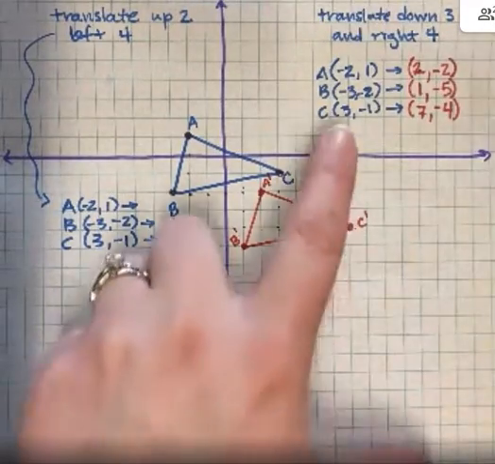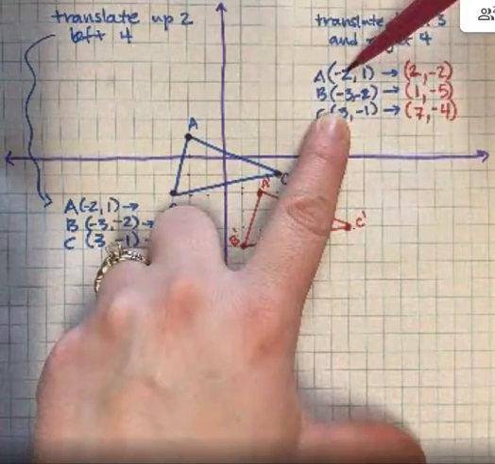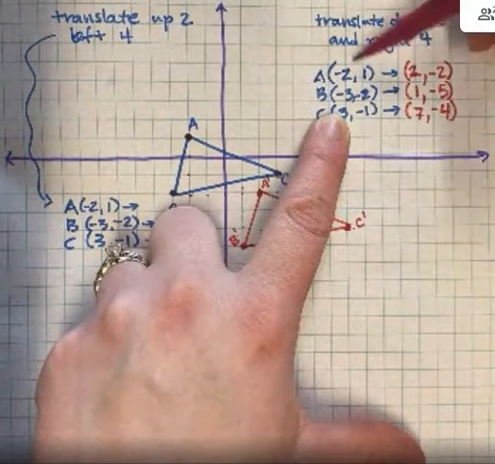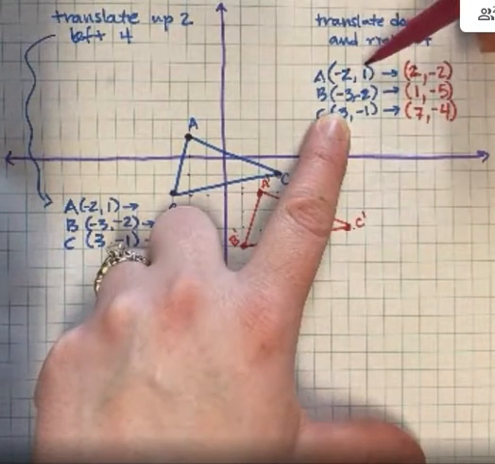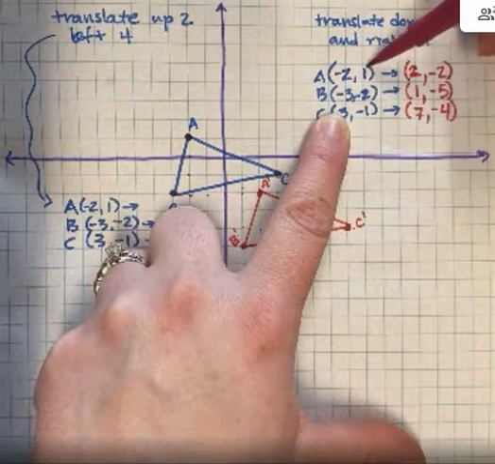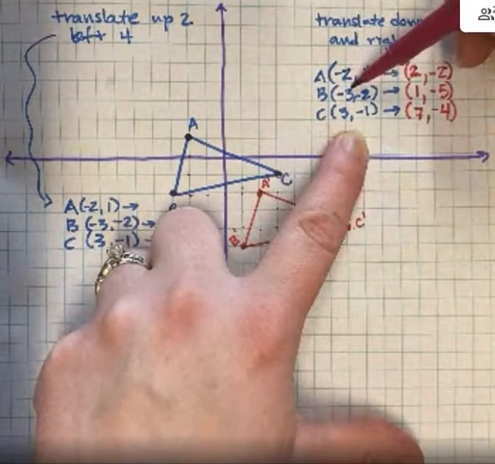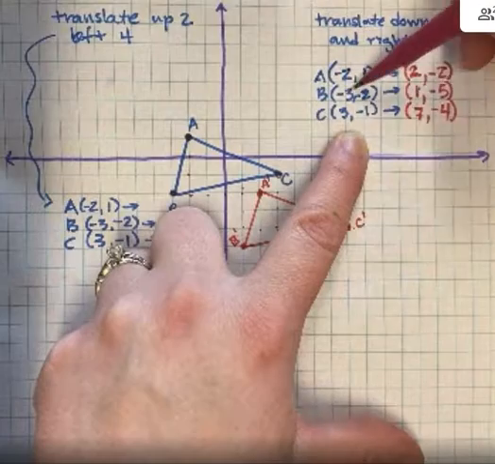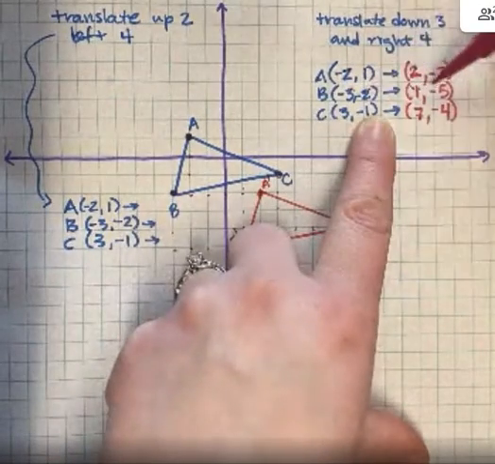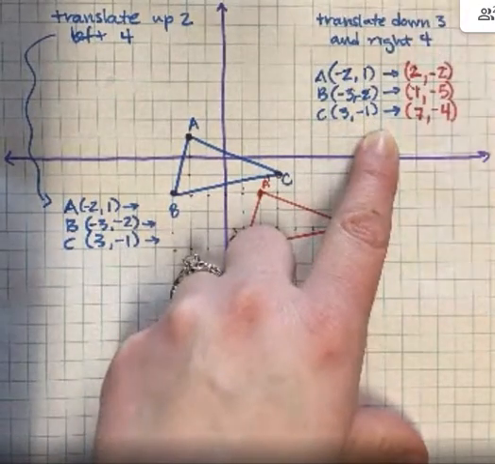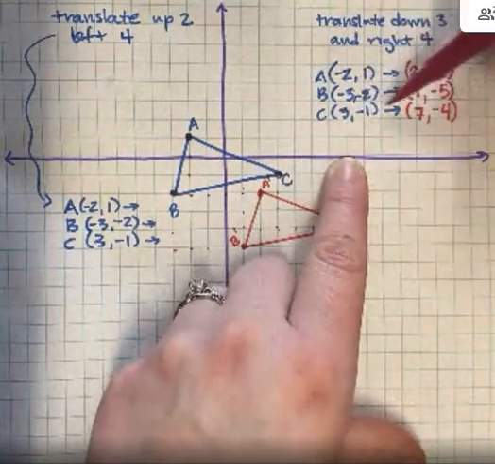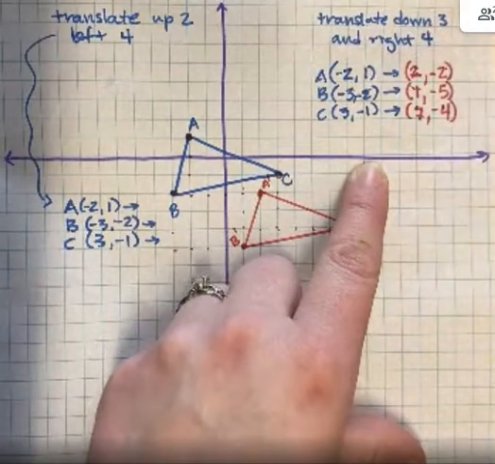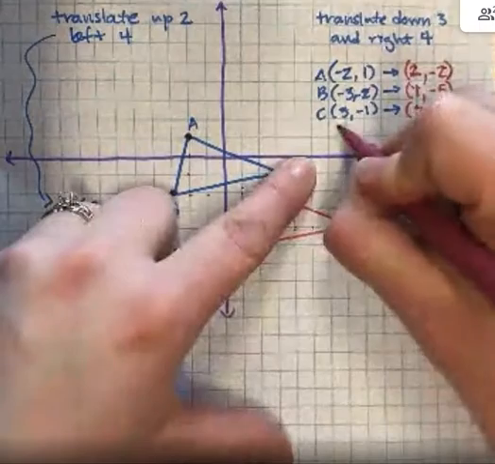But what I am seeing is this x value, negative 2, became positive 2, so I added 4 to it. 1 became negative 2, so I subtracted 3 from it. Negative 3 became 1, added 4. Negative 2 to negative 5, subtracted 3. So added 4, subtracted 3 every single time.